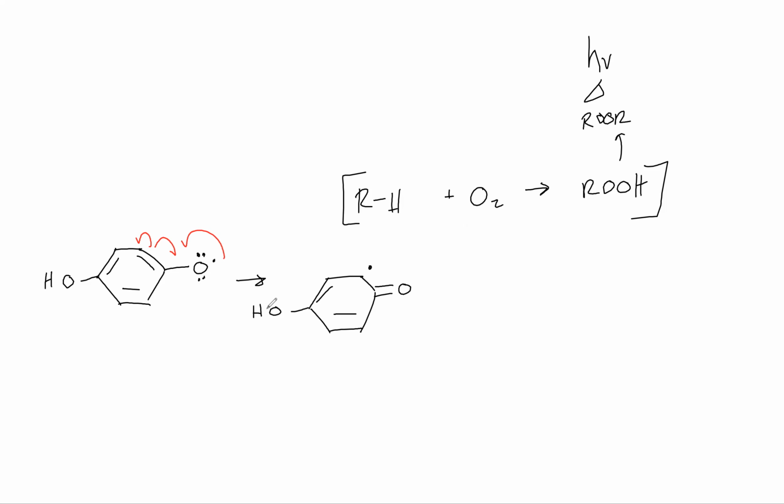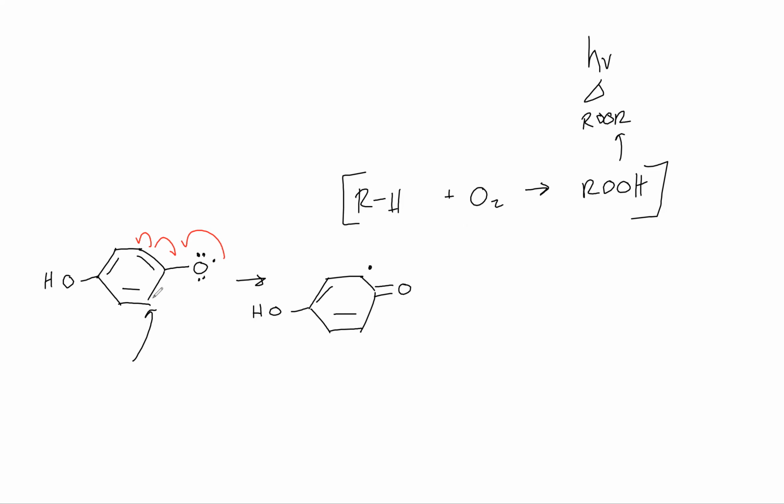As a result, it will mop up all of the radicals in a radical reaction. So if you're doing a radical reaction in lab and you want to stop it, you don't want any more radicals, then you would introduce something like hydroquinone, anything that's really resonance stabilized with a radical on it, and that will stop your radical reaction.